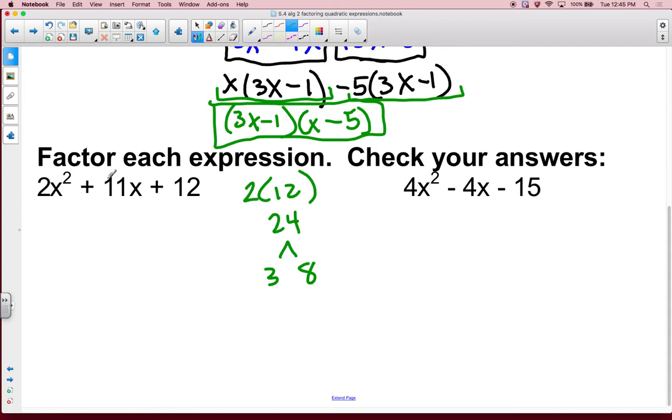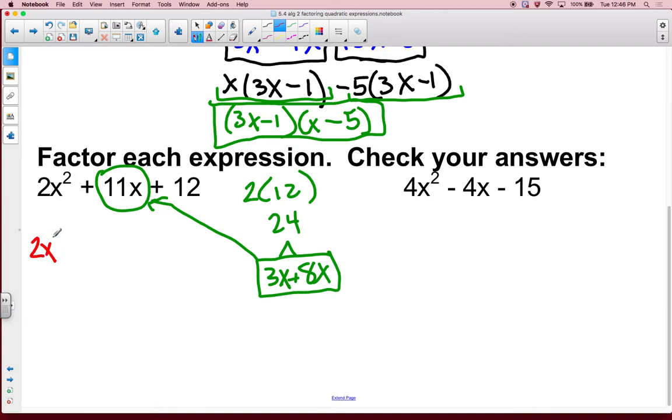So now I'm going to replace, remember we replace your 11x with 3x plus 8x. I'm going to replace this 11x here with the 2 that we just found. So doing that, I'm left with a 2x squared plus a 3x plus 8x plus 12.